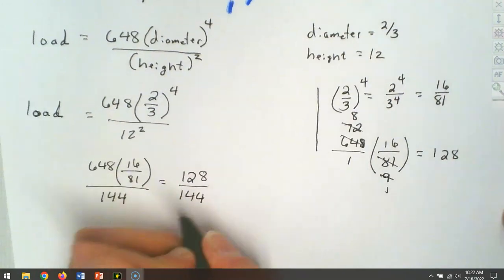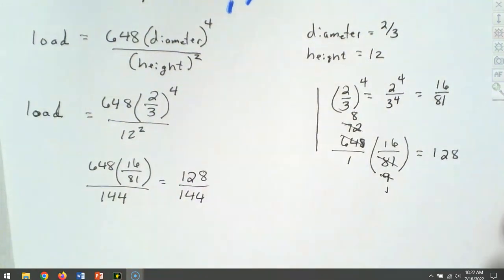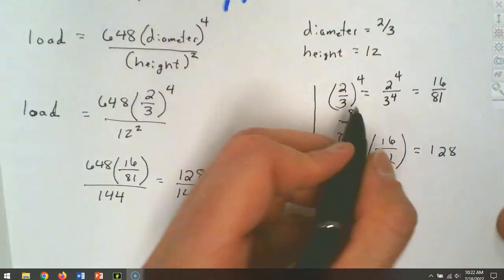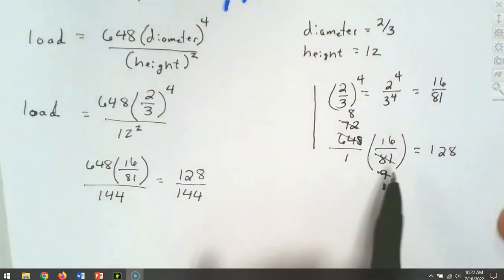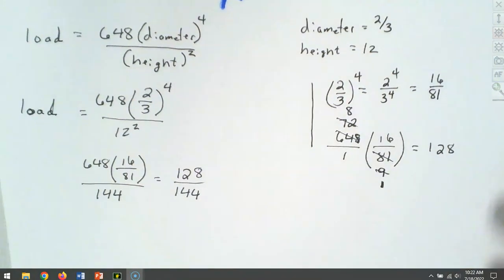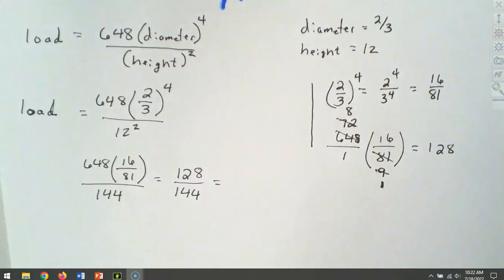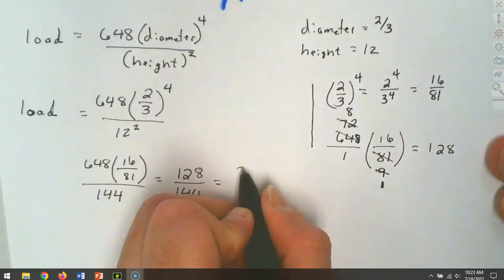So 128 over 144. So I just went through, and I could have seen that it had an 81 to begin with, but I didn't. So I just divided by 9, divided by 9 again. And I got to this point and should be able to reduce it down by at least 2. Let's try a 4. 4 will go in there. So that's 32.